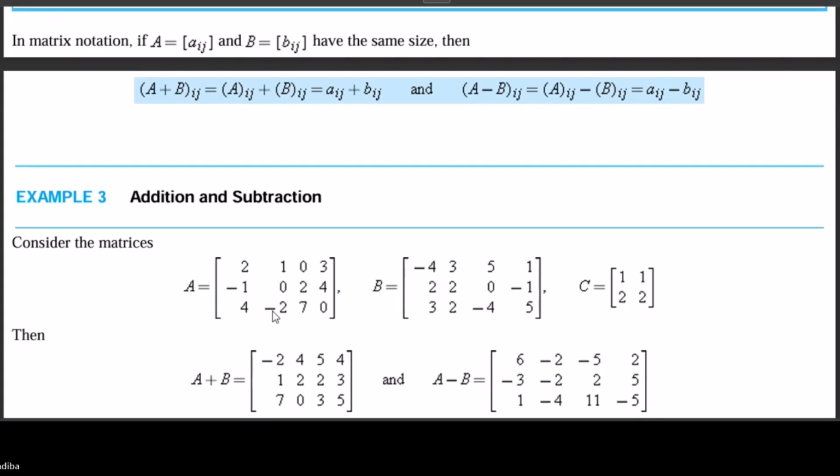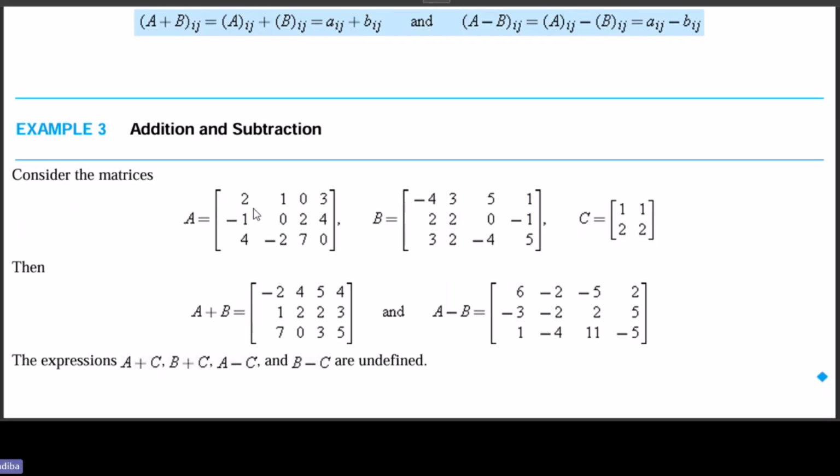Minus 2 plus 2, 0. 7 plus minus 4 is 3. 0 plus 5 is 5. Do we follow? Yes, sir. Okay.